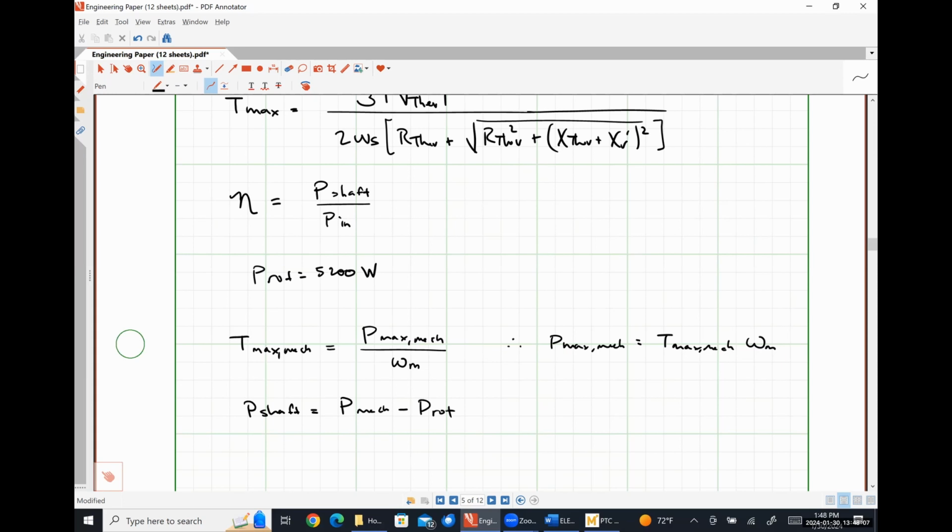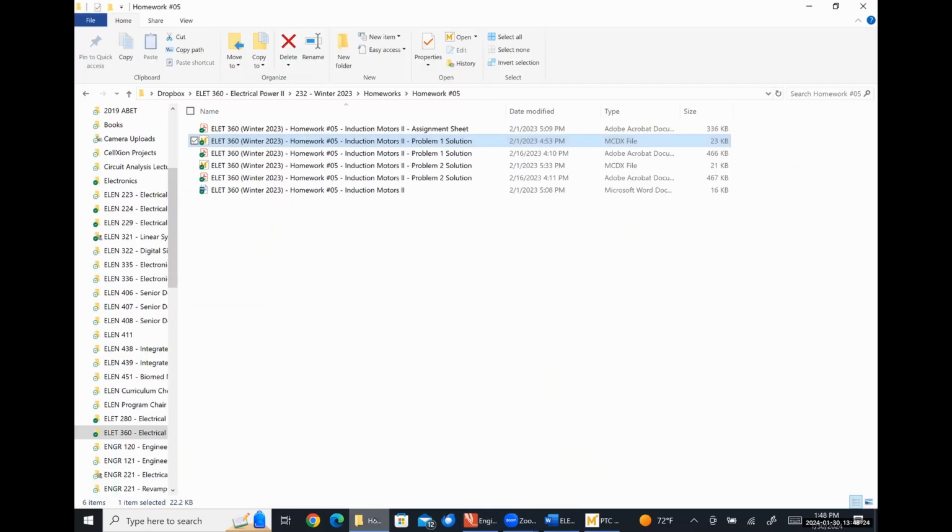Our input power can be calculated knowing the equivalent circuit parameters and all of that kind of stuff like we did in the previous problem. So that is how I would approach that one. Let's see what I did last year.